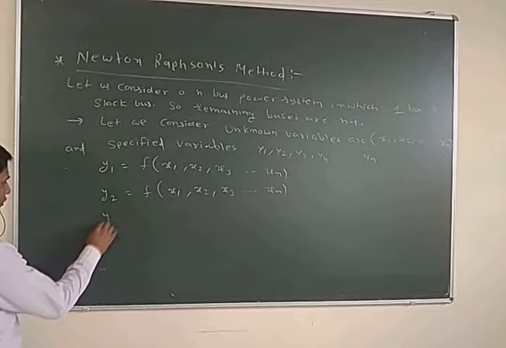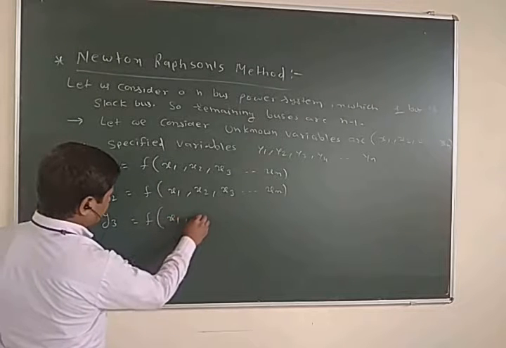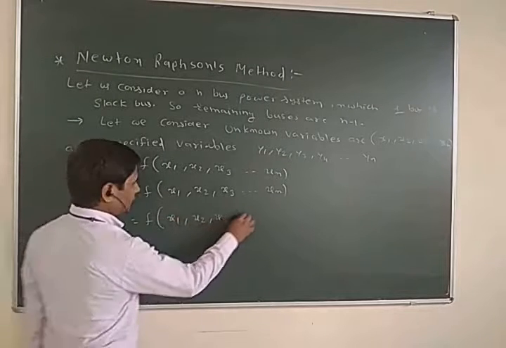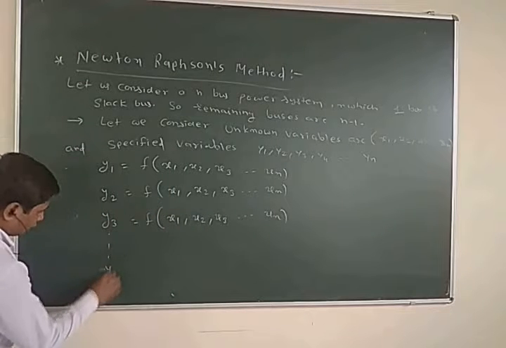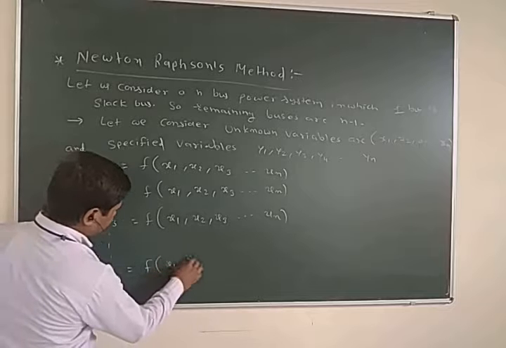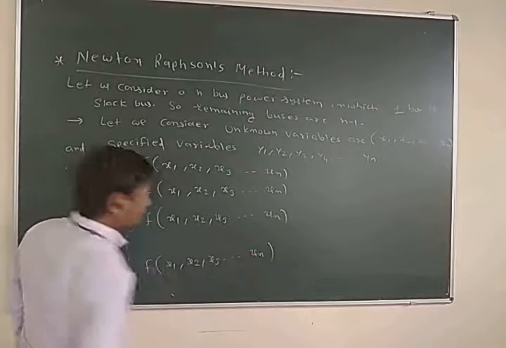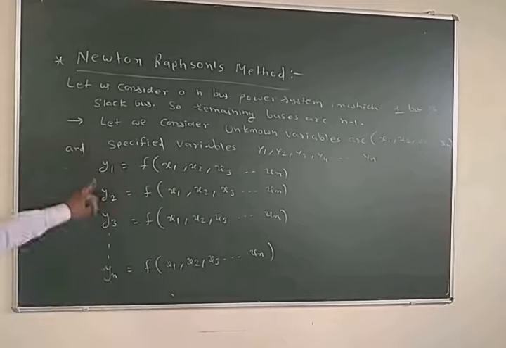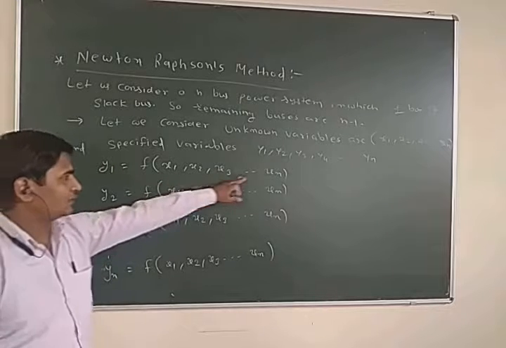Similarly, y3 is equal to function of x1, x2, x3 dot xn. Similarly, yn is equal to function of x1, x2, x3 dot xn. Means y1, y2, y3 dot yn are the function of x1, x2, x3 dot xn.